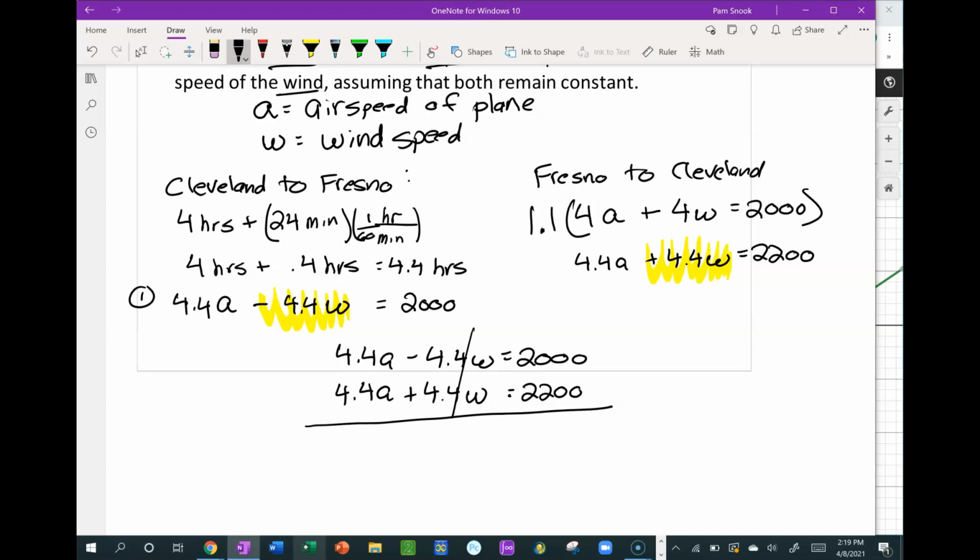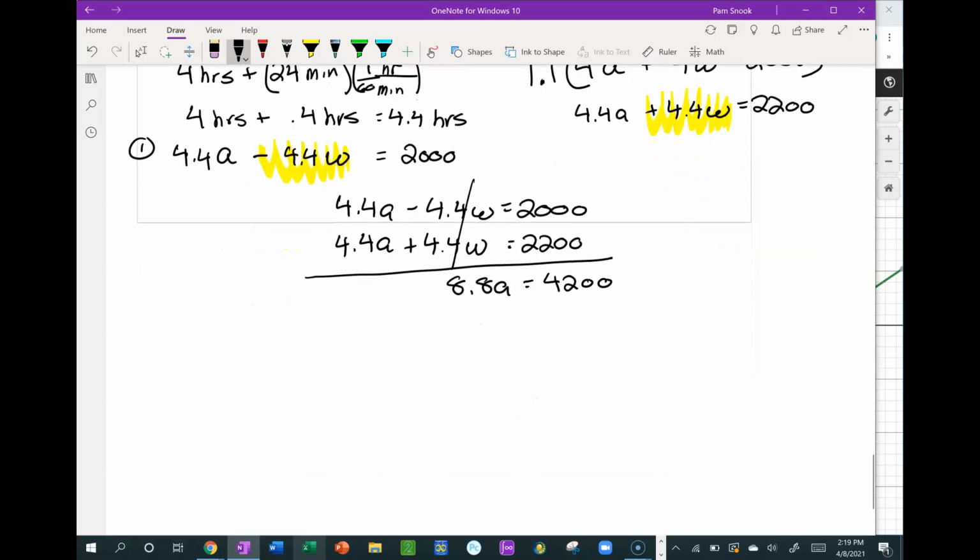W is gone, and I get 8.8a equals 4,200. So now just divide both sides by 8.8, and a is going to be 477.27 miles per hour.